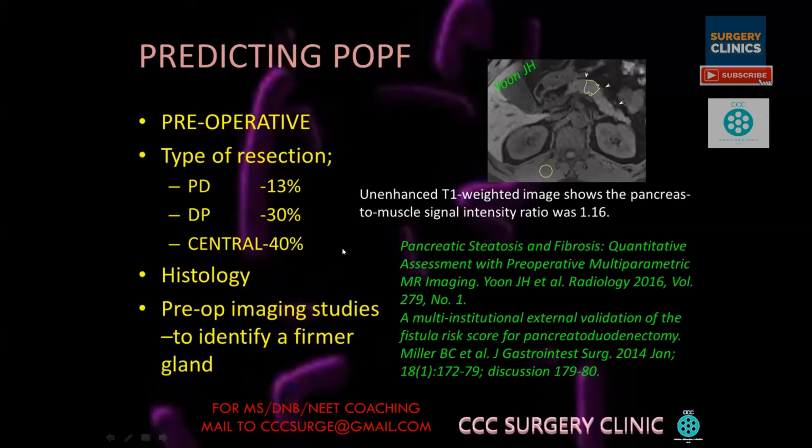What they actually did is unenhanced T1 weighted images show a pancreas to muscle intensity ratio, and this one shows a ratio of 1.16. Any ratio of less than 1.4 means that you have less chance of a pancreatic leak because that gland is firmer.